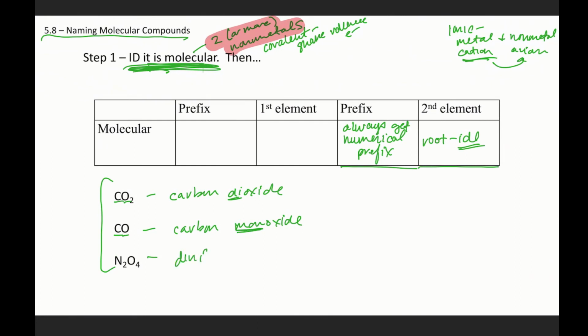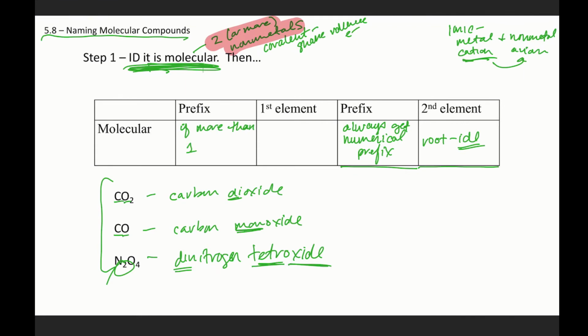Now this one is actually called dinitrogen tetroxide. So again, we've got the prefix, root, ide here. Now we have a prefix here. What differentiates CO2, CO, and N2O4? We only get a prefix on the first element if more than one.